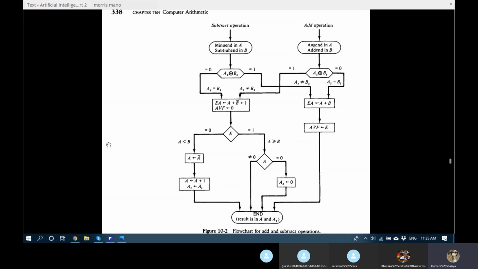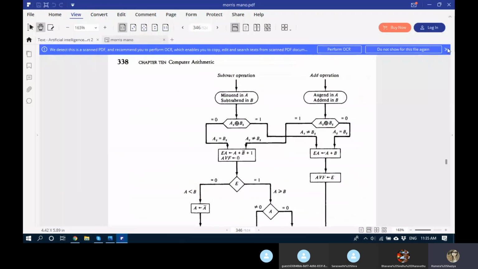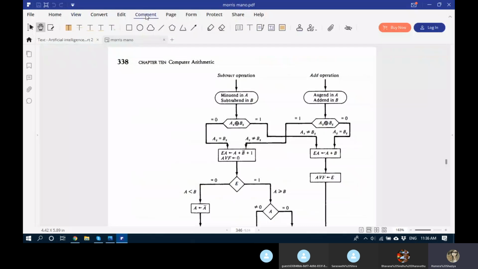Minuend, okay, I want to write. Write means if you have 1 0 0 1 0 1 and 0 0 1 0, what happens here is, consider that the MSB is the sign, or you can do one thing.